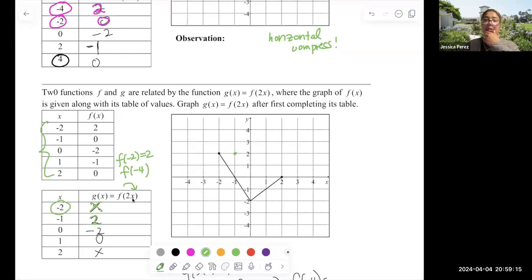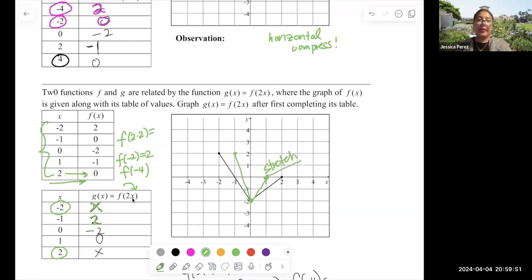That's when it's going to start stretching. When I'm at 0, f of 0 is -2. When I'm at 1, f of 2 is 0. And then when I'm at 2, f of 2 times 2 is f of 4, but I don't have f of 4. So those are the only points that I have. What it did was it horizontally stretched.